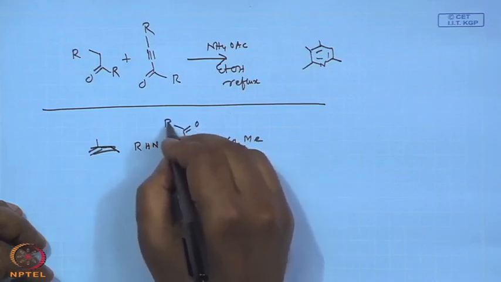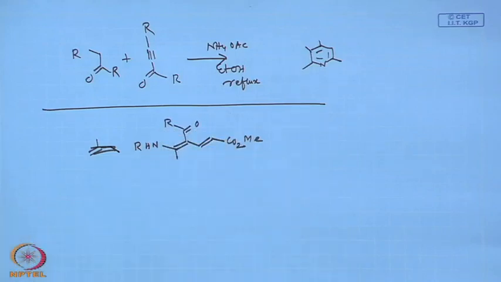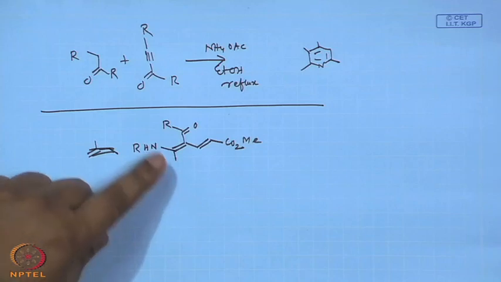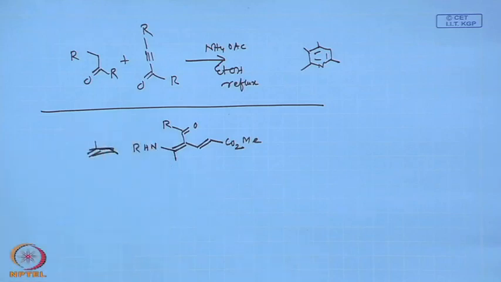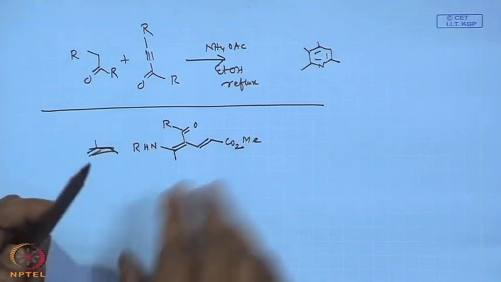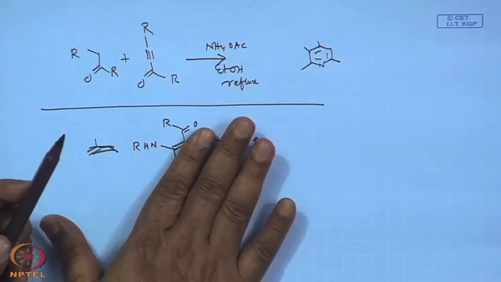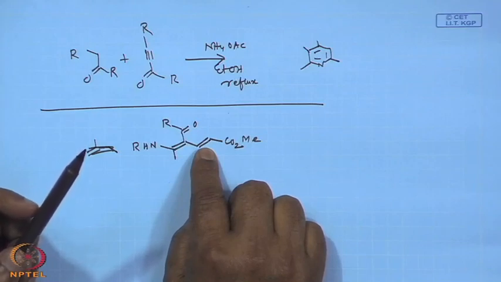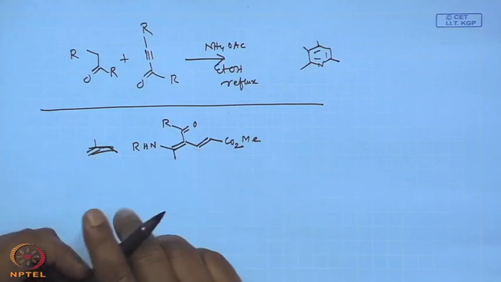then this R here. Can you recognize what it is? This one is nothing but an enamine system here, and then propargylic ester, okay, condensation product or addition product.